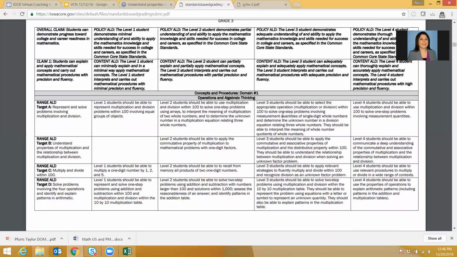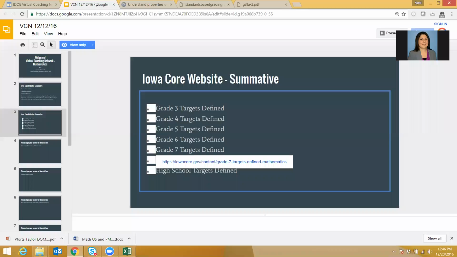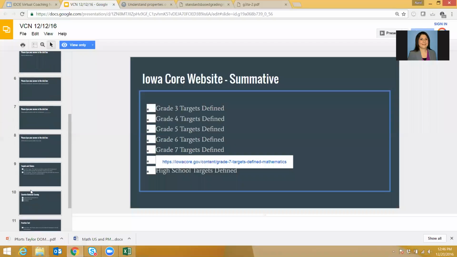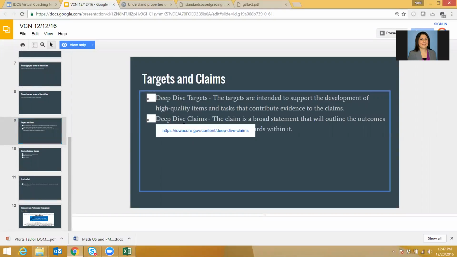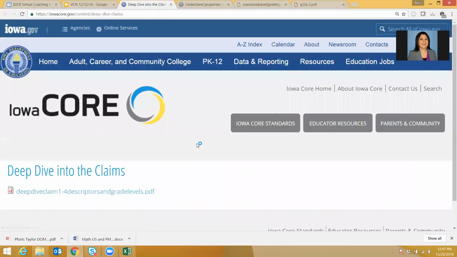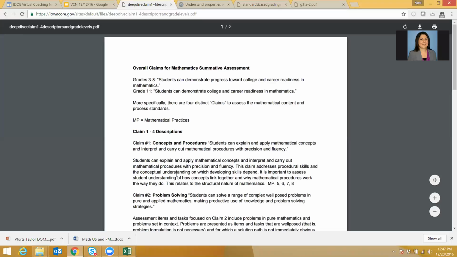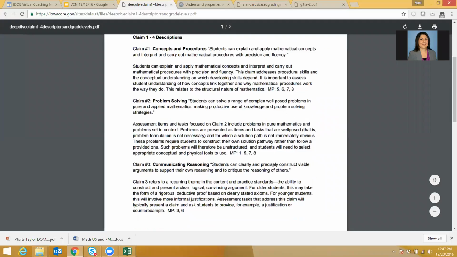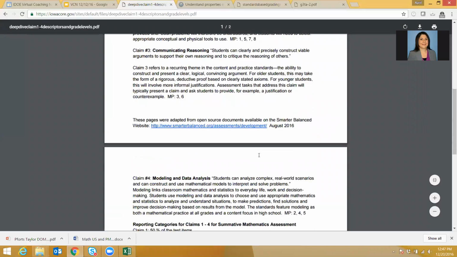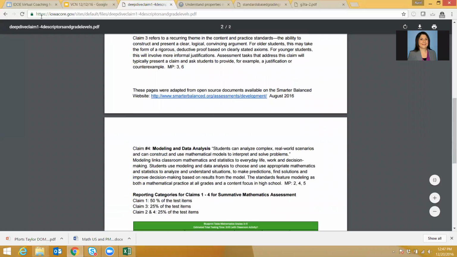So we want students to be able to solve problems and communicate and model and all of those great things. And so this is the target claims. Oh, one other thing I should talk to you about is the claims. And so this is where you can go to this document to learn more about the claims individually and see which mathematical practices are aligned to which of the different claims.